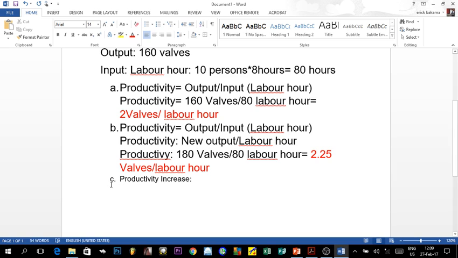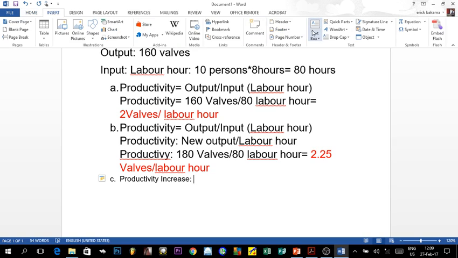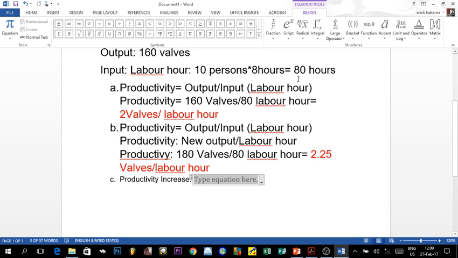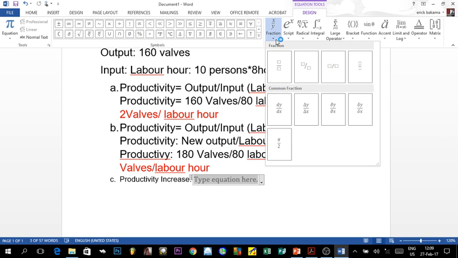So how do we go about calculating this productivity increase? It must be in terms of a fraction.